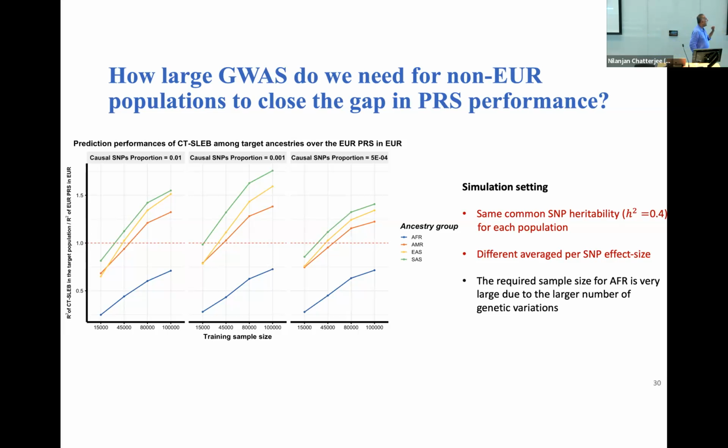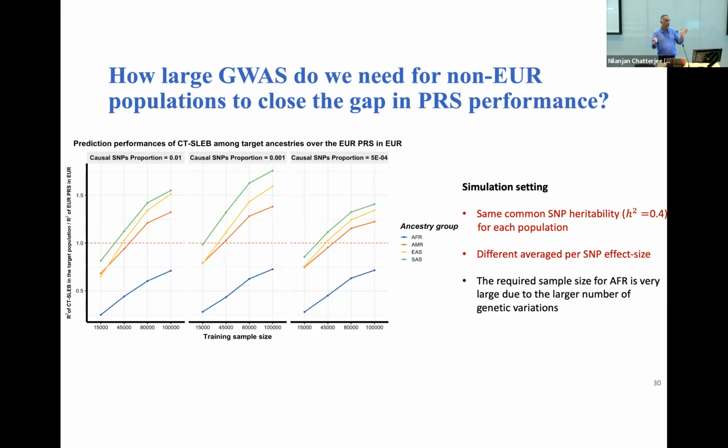That is a very key parameter for how prediction will perform, because in this particular simulation setting, the average heritability per SNP is half compared to the other populations, and we see a consistent underperformance. But on the other hand, if you believe that because the African population has more variants, it might have proportionately more heritability explained, then things will be more comparable.